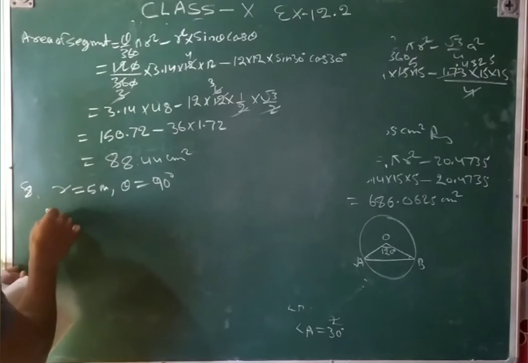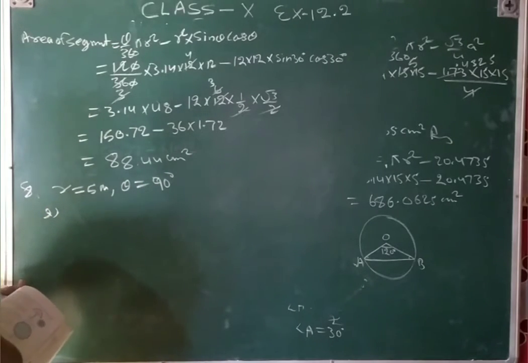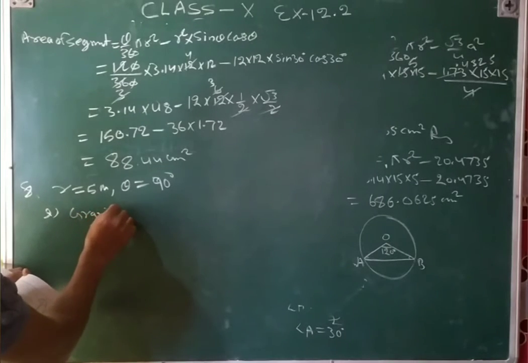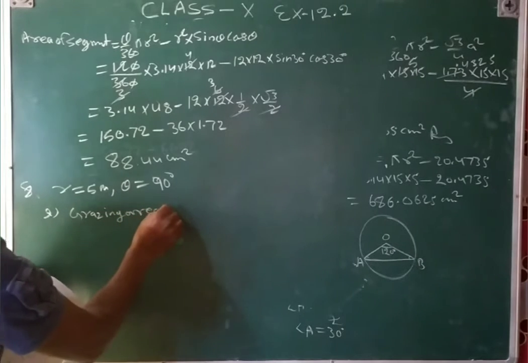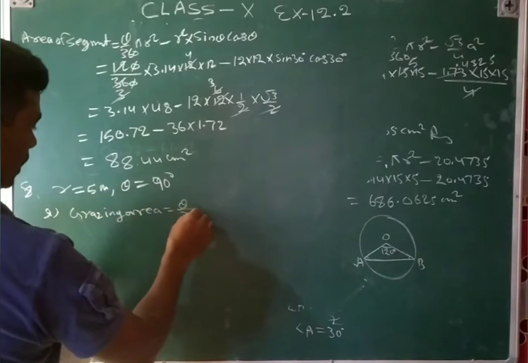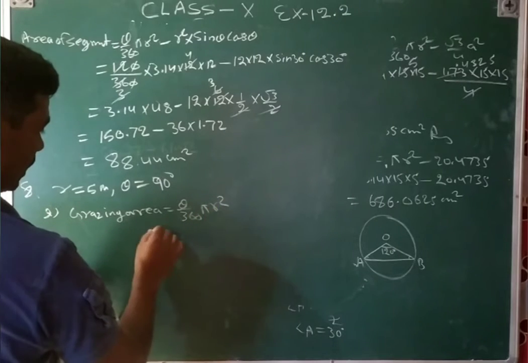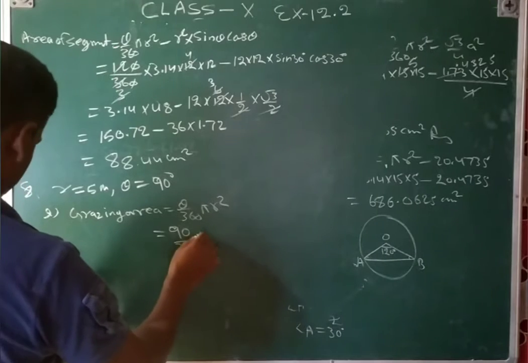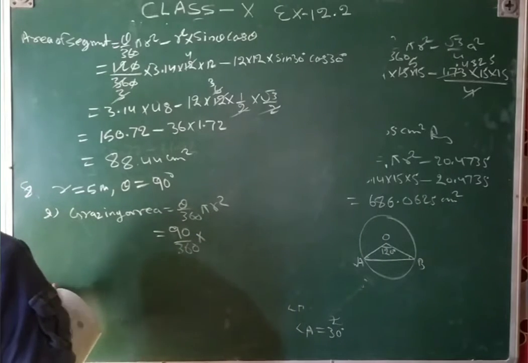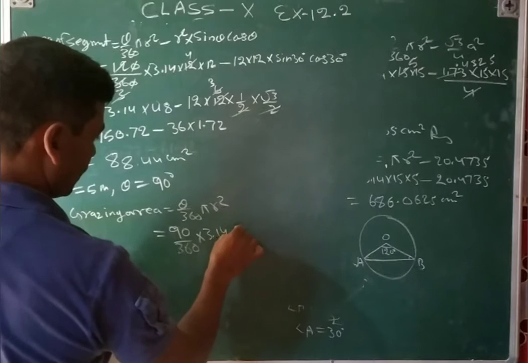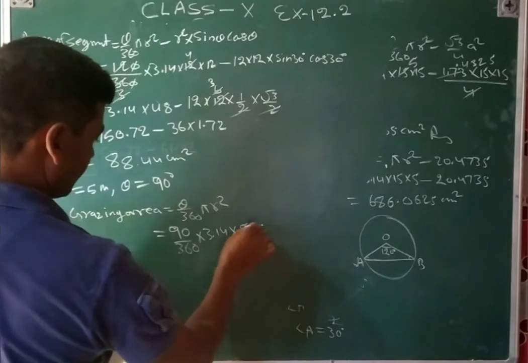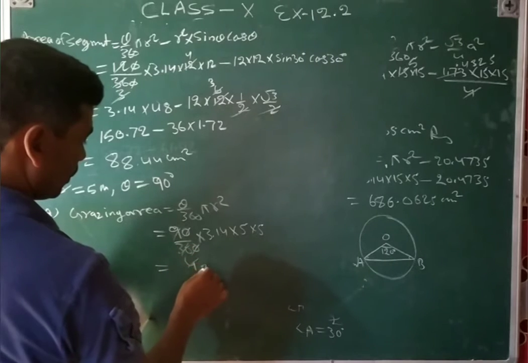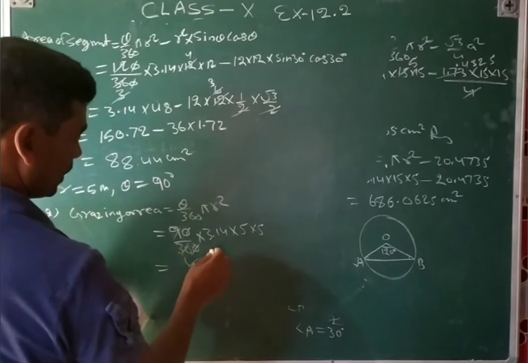So first part, grazing area is equal to theta upon 360 pi r square. So that 90 upon 360 into pi value given 3.14 into 5 into 5. So 90 upon 360 we can divide by 4.